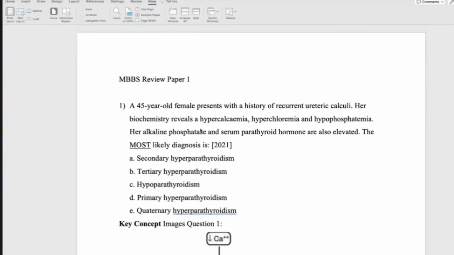The different spin on this, however, is that each question I give you as an assignment, I'm going to break down into a system, as well as whether it falls into medicine, obs, surgery, whatever the case is. For example, if it's a medicine question, I'll also put a tag that it falls under the respiratory system.